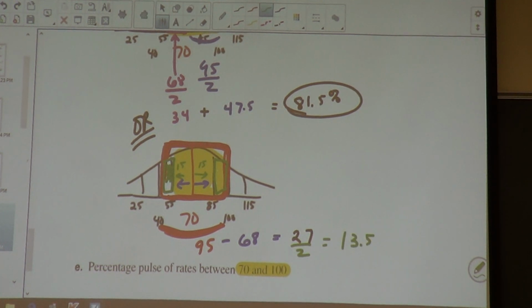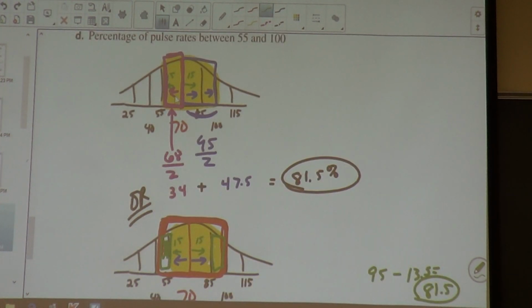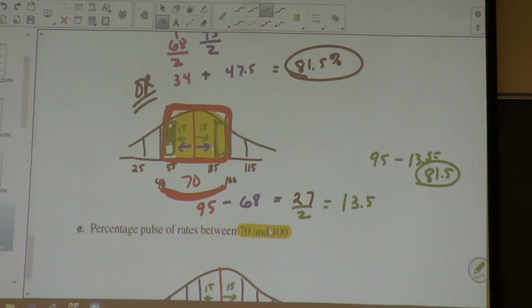So it's going to be a 95 minus a 13.5, which is going to give me 81.5. Which I just think is a lot harder. Yeah. So I look at it as a one wing plus a two wing. So when I did this, it's a 68 divided by 2 and a 95 divided by 2.